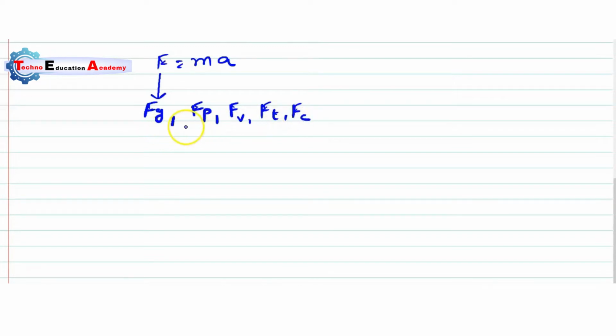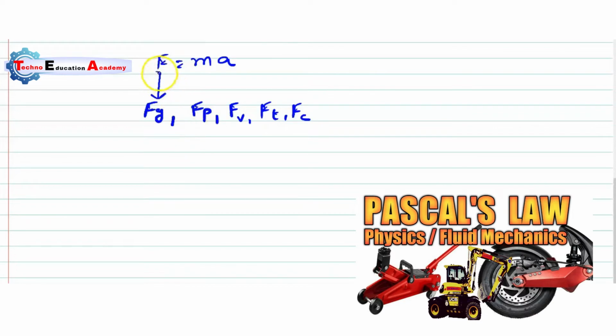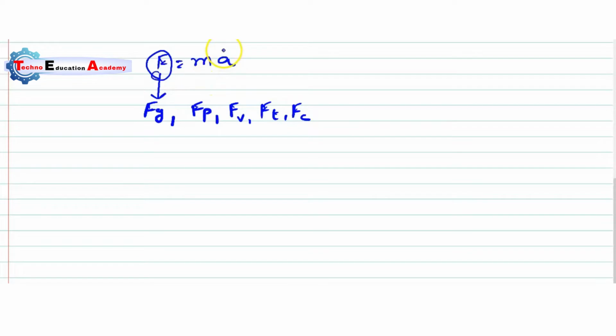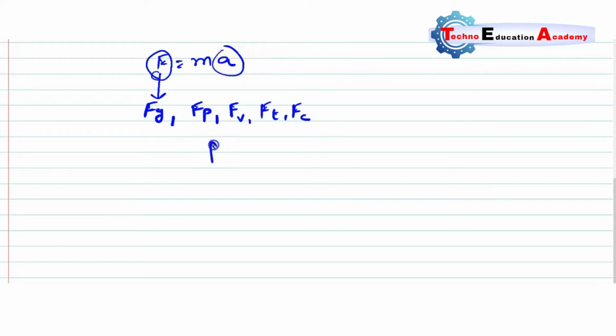These 5 forces are always applied on the fluid element. So F, the net force applied on the fluid element, is equal to mass into acceleration. Acceleration means change in velocity with respect to time. So the net force Fx is equal to Fg gravity force plus pressure force plus viscous force plus turbulent force plus compressible force.